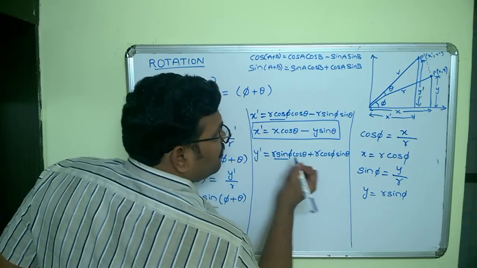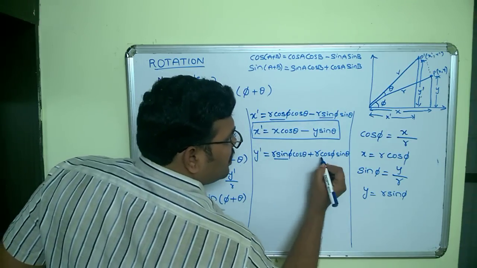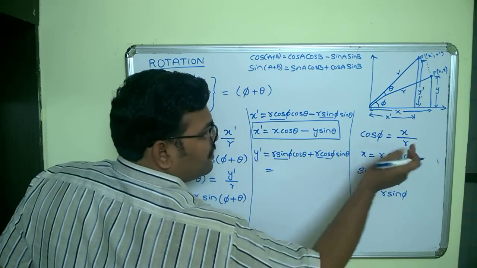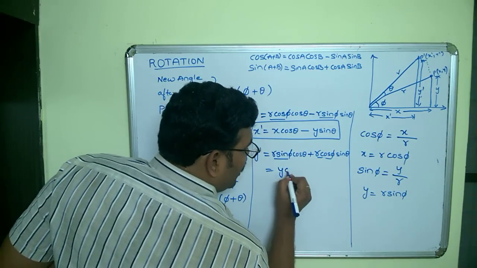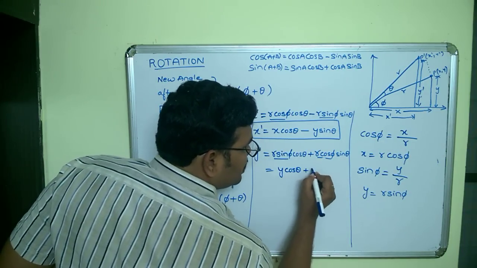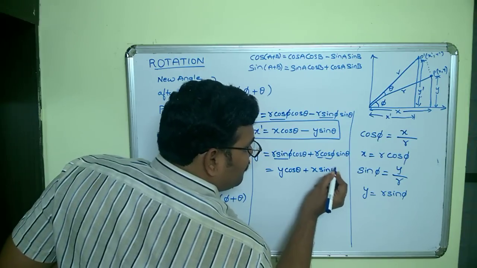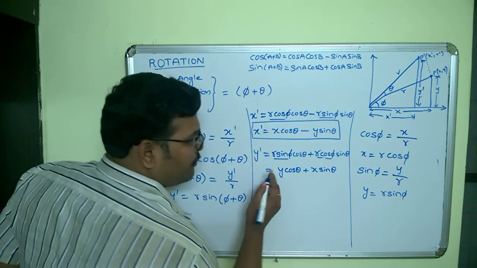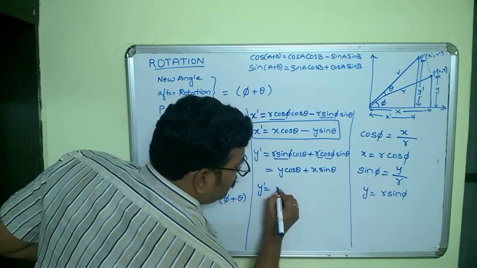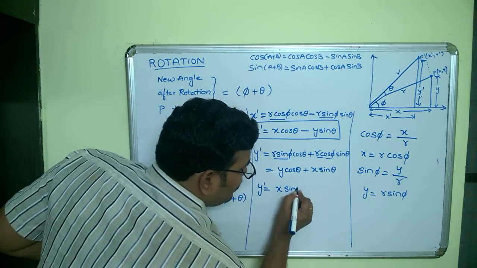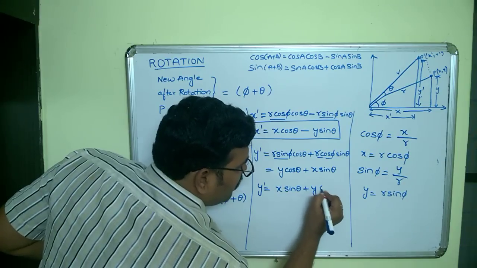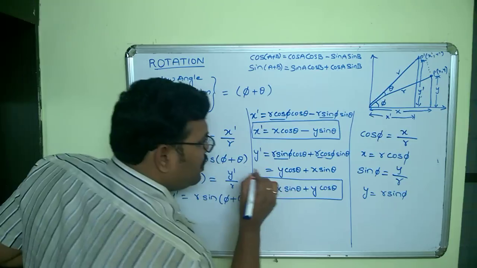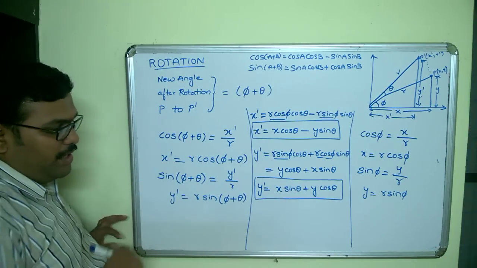From this we can replace r sin phi with y and r cos phi with x. So y cos theta plus x sin theta. Just shift this term to the front. So y dash is equal to x sin theta plus y cos theta. This is the formula to find the new y coordinate.